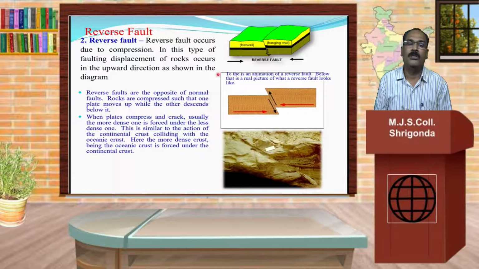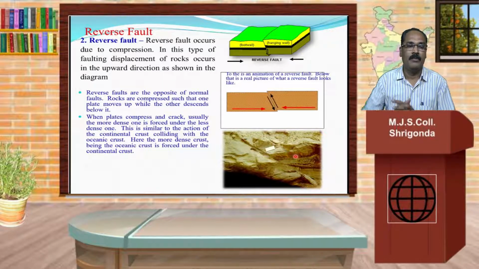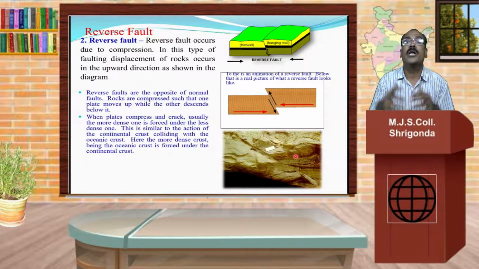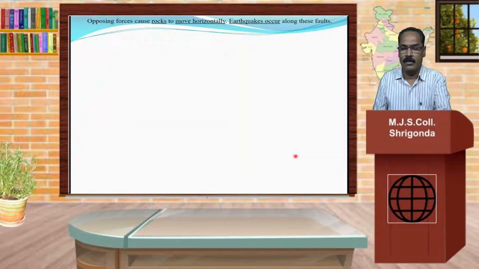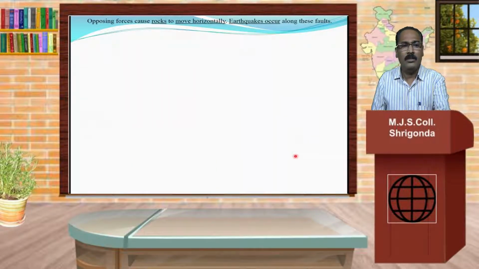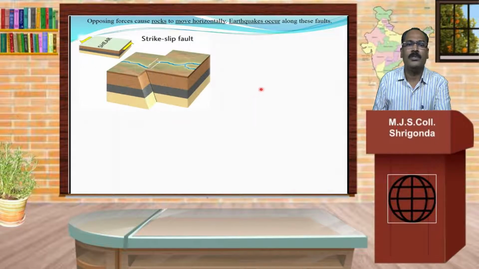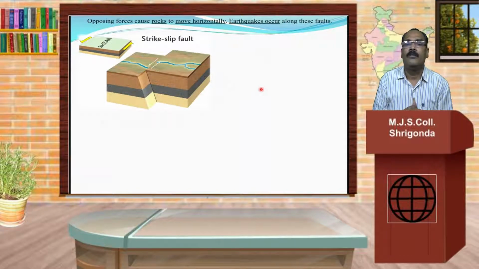Here the descending crust, being the oceanic crust, is forced under the continental crust. Okay. The opposing force causes rocks to move horizontally, with earthquakes occurring along the faults.